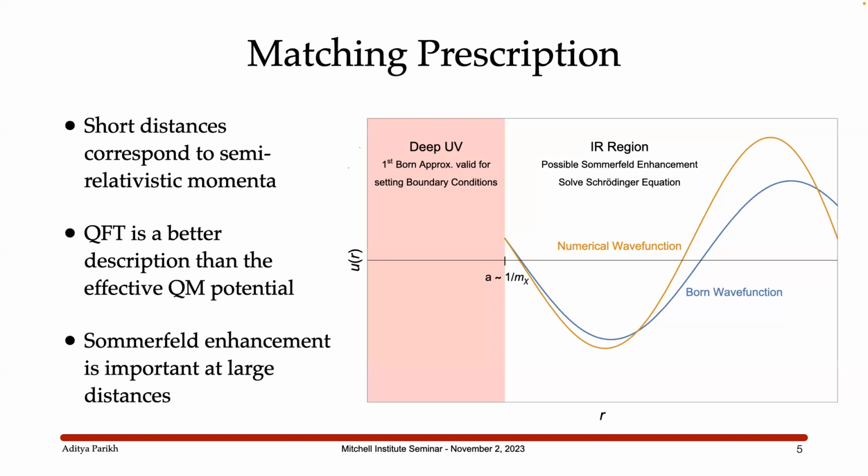As long as those things are parametrically separated, it's fairly agnostic to exactly where you're setting the boundary conditions. The cross section that you're getting at infinity is fairly agnostic to exactly where you're doing the matching.